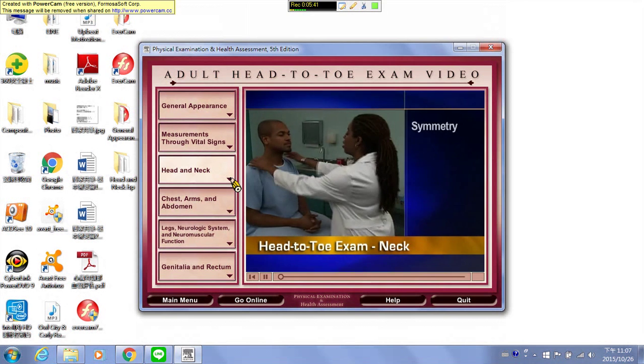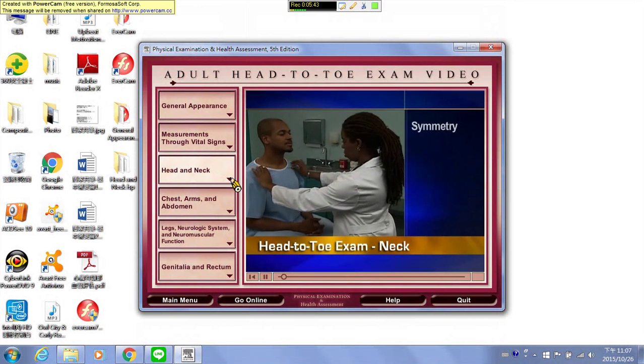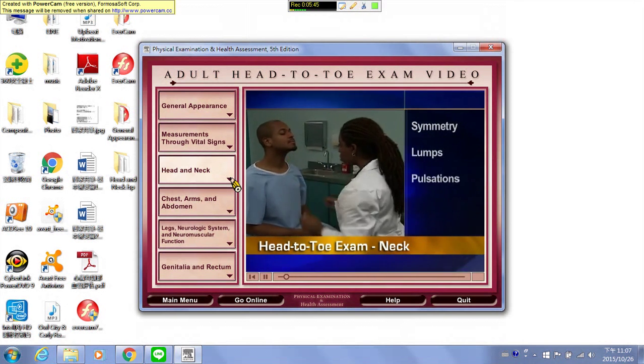To examine the neck, begin by inspecting it for symmetry, lumps, and pulsations.